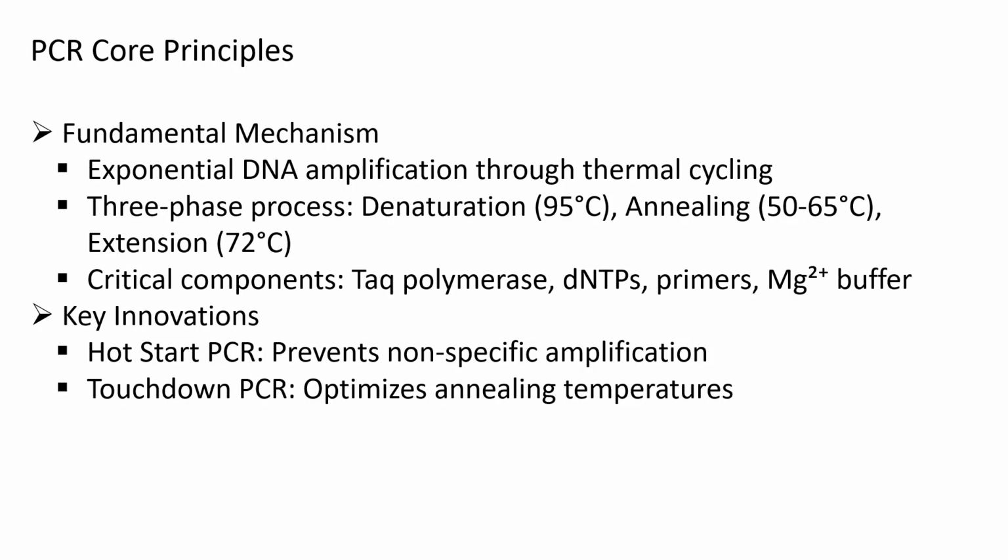It's a three-phase process: denaturation, annealing, and extension. Some of the critical components involved are polymerase, dNTPs, primers, magnesium, and buffer. Now they have made a lot of innovations in this, and you have different kinds of PCR: hot start PCR, touchdown PCR, and other methodologies like droplet PCR.